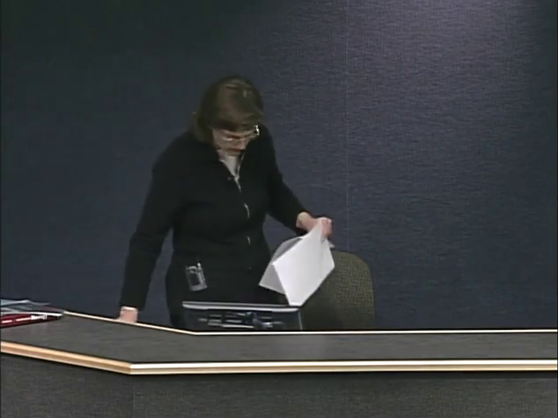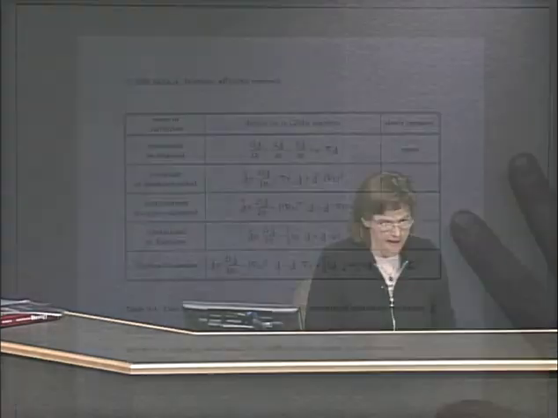I have these summarized in the book, and some of the characteristics of these different constitutive equations are also described in the book. So let me show you this table.